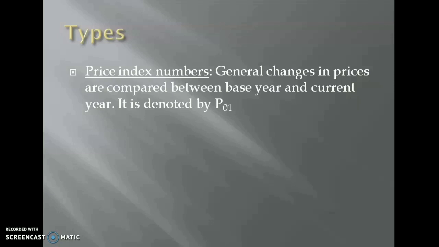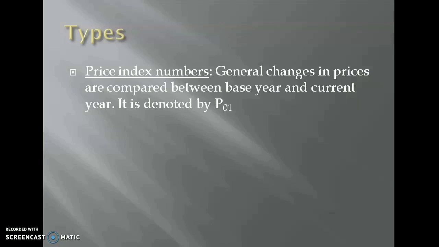Wholesale price index numbers compare the wholesale prices in different places. And retail price index numbers compare the retail prices of different places. Retail prices also have another category, that is the consumer price index number, which is commonly known as cost of living index.